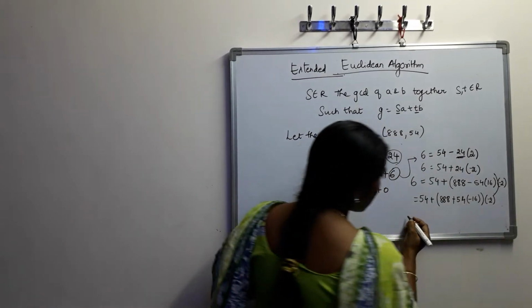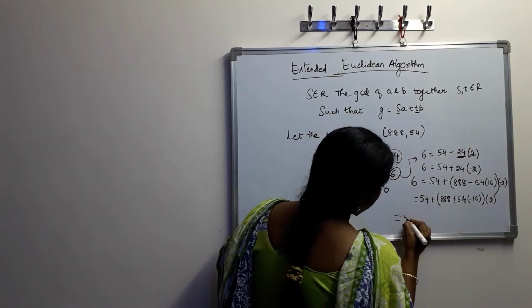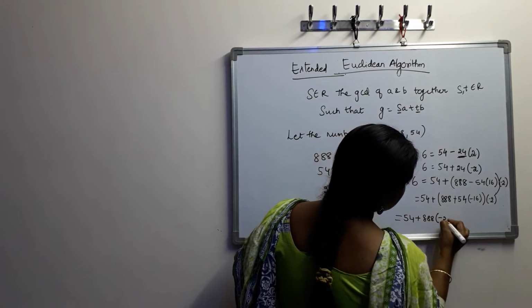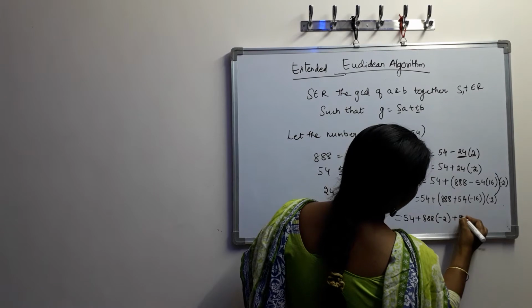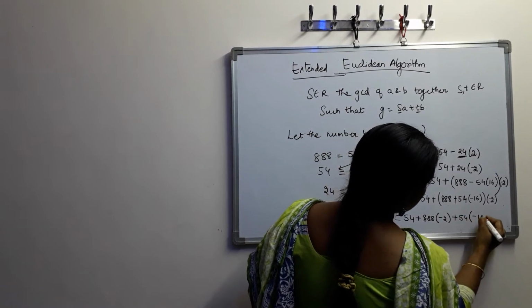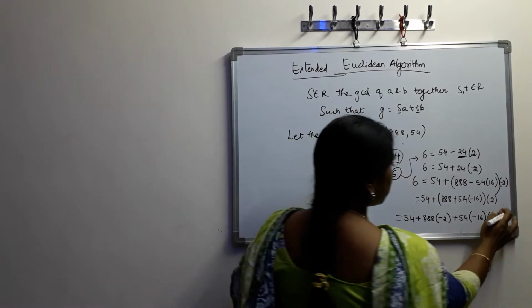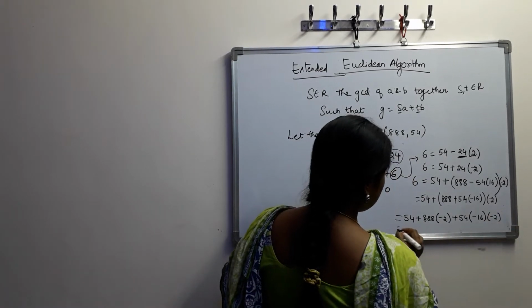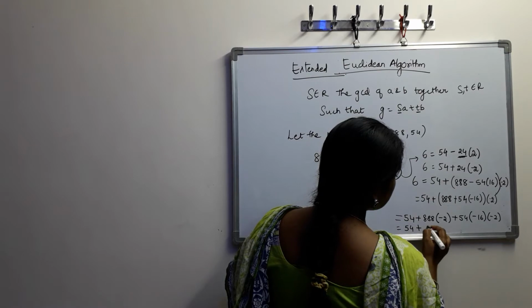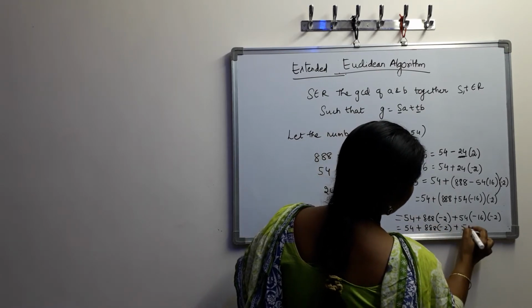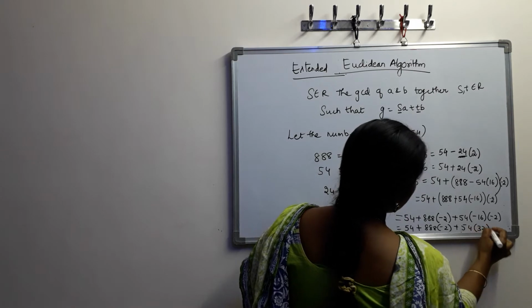Now once you solve the problem, you can write 54 plus 888 into minus 2 plus 54 into 16 into minus 2. So you are going to get 54 plus 888 into minus 2 and 54 into plus 32.